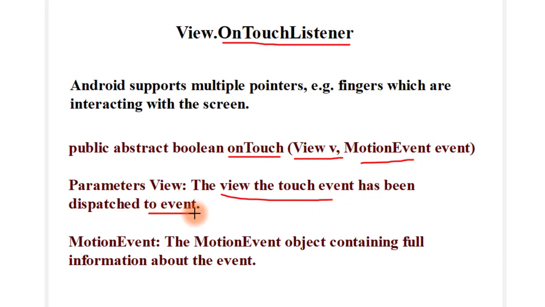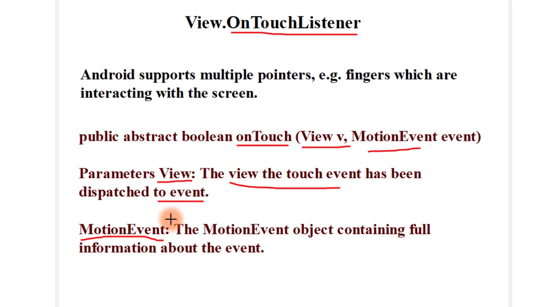So this is basically used to handle the view, that is your basic components that are available on the screen. Then the second parameter is your motion event. The motion event object contains the full information about the event. Where the user clicks, where the user moves the cursor, all the information is stored in the motion event.